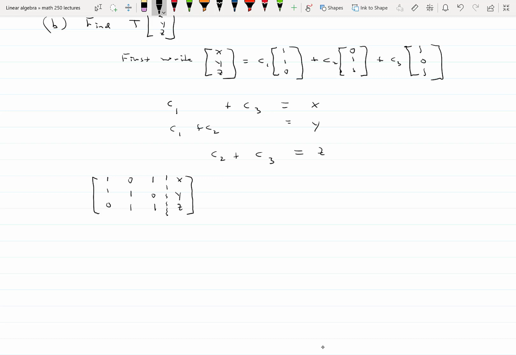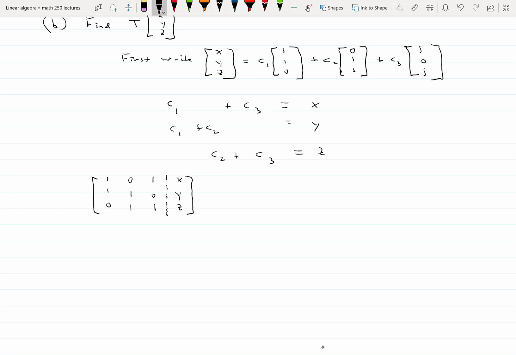Okay, you could find the solution to this system by solving for C1, C2, and C3. In fact, you don't even have to use the Gauss-Jordan method. You could just use the method of substitution or whatever. In fact, I think I should show you what I had earlier.